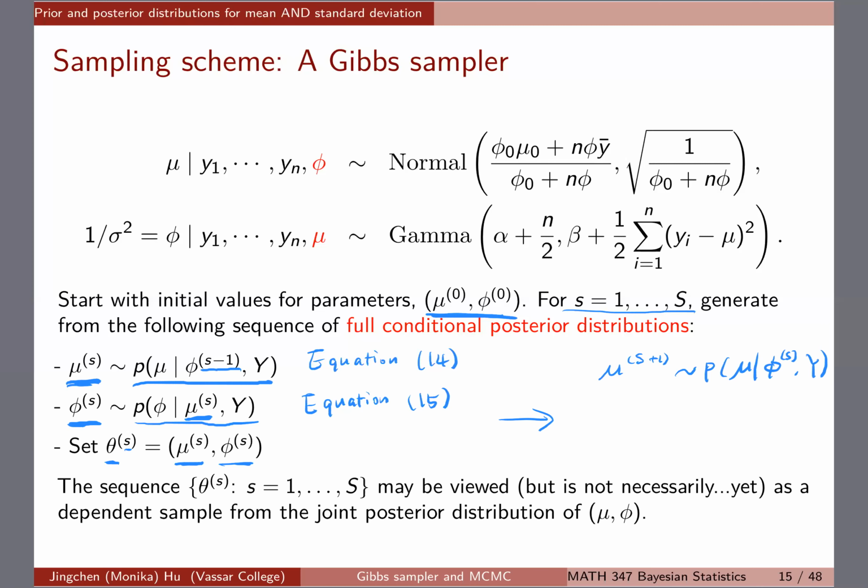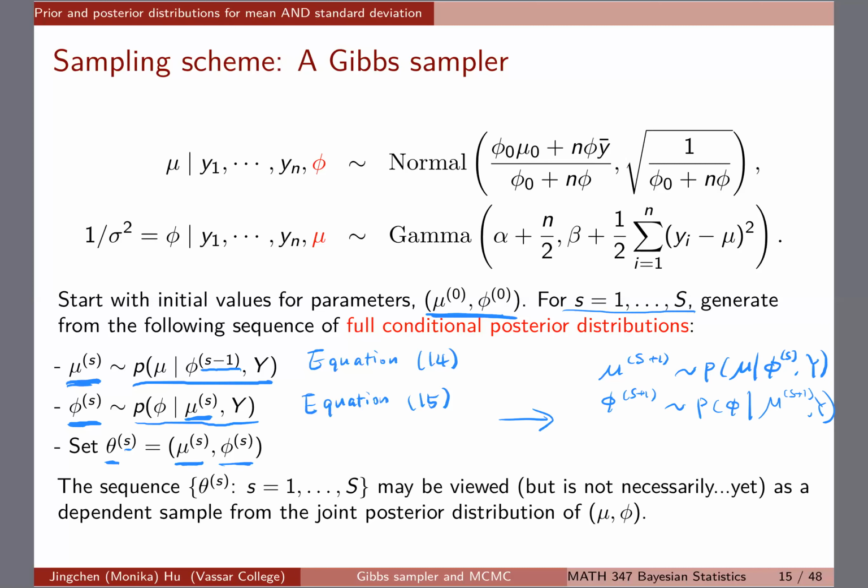And then I can do my phi s plus 1, which is phi given mu s plus 1. So again, you do it iteratively. When one parameter is updated, you use the most current version for the next parameter.